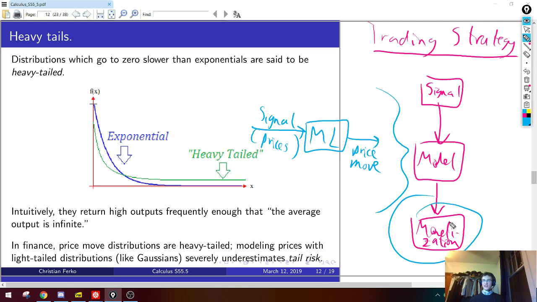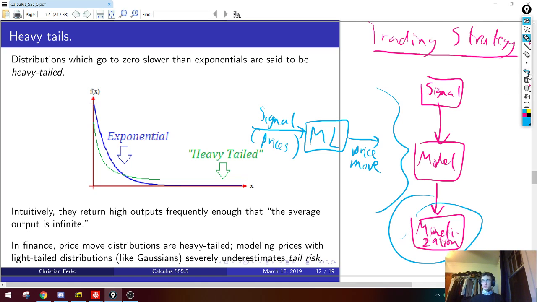Given how good my predictions of the future price move are, I'll decide whether to buy or sell based on that. You could do some very clever stuff using stochastic control and various mathematical techniques in the monetization layer, even if your model isn't super great. You can be very clever.